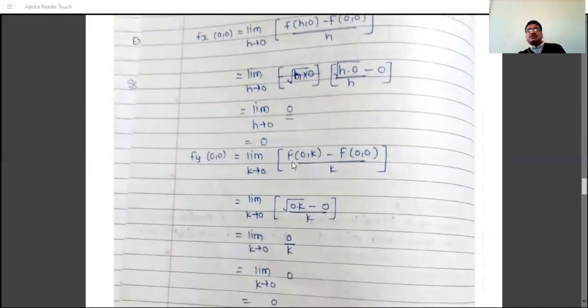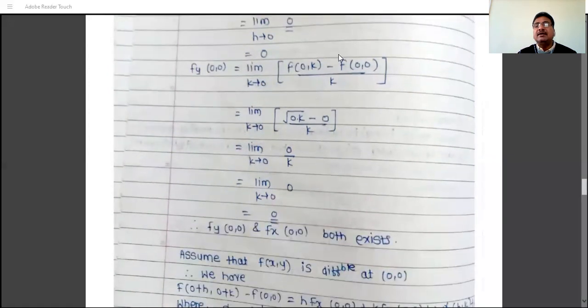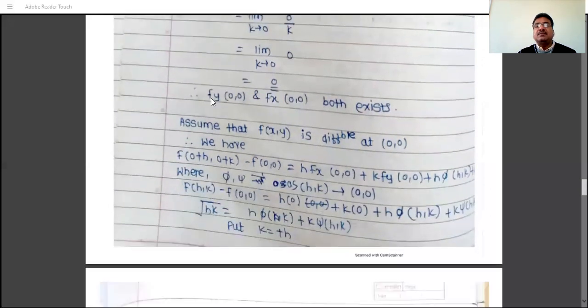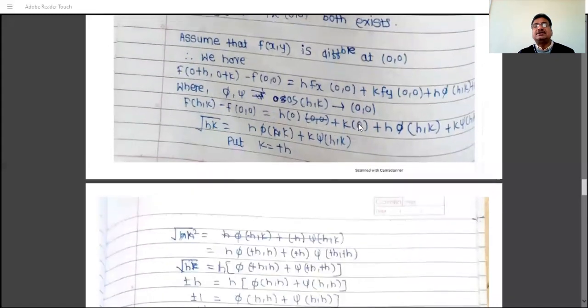Therefore f_x(0,0) exists. Then f_y(0,0) is the limit as k tends to 0 of f(0,k) minus f(0,0) divided by k. The value of f(0,k) is root of 0 into k, and the value of f(0,0) is root of 0 into 0, that is 0. So 0 minus 0 by k is 0, and the limit of 0 is 0. So f_x(0,0) and f_y(0,0) both exist.